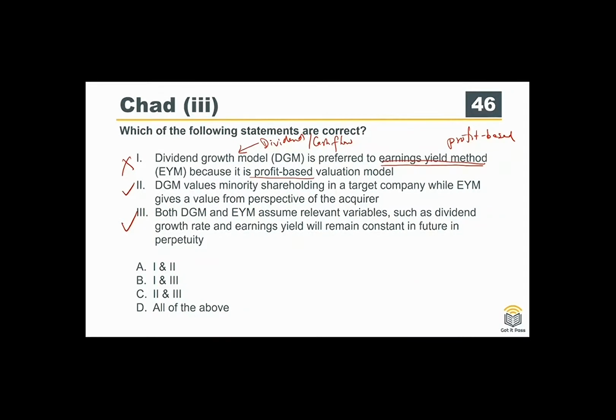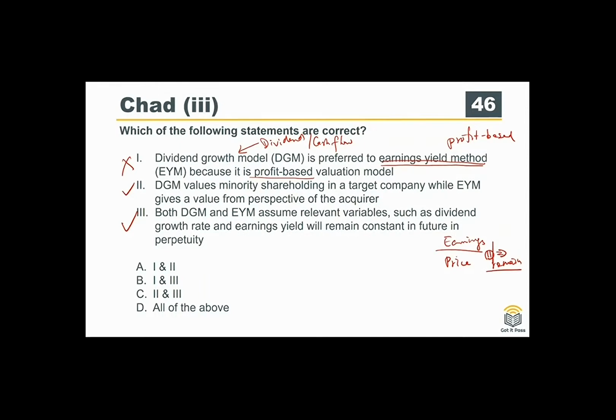For earnings yield, which is earnings divided by price, it is also assumed to remain unchanged in future.